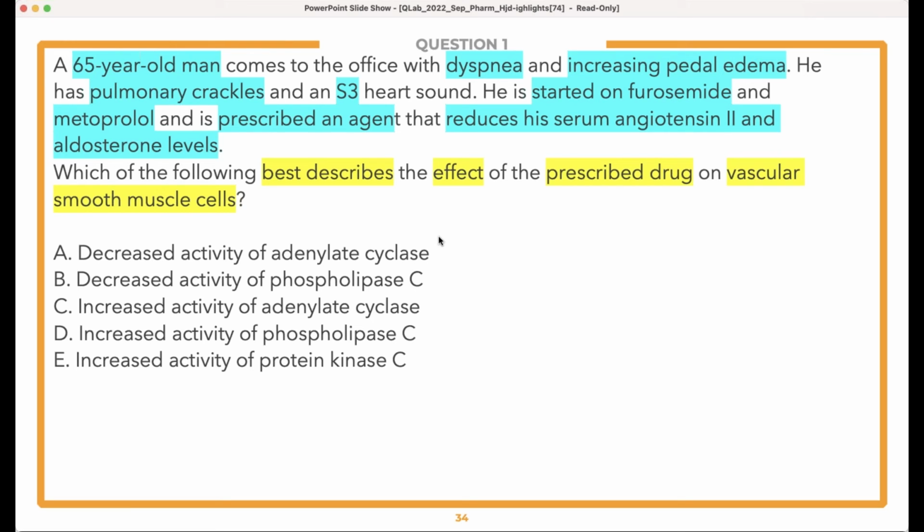This is a really good example of a very clinical question, but when you look at these answer choices, at its root it's more of a basic science, pharmacology, physiology type question. So we'll open up that poll. Select what you think is the best answer here, and we'll talk about it in just a few seconds.